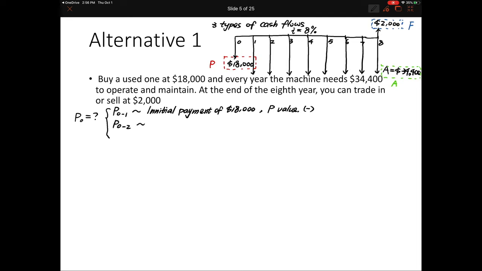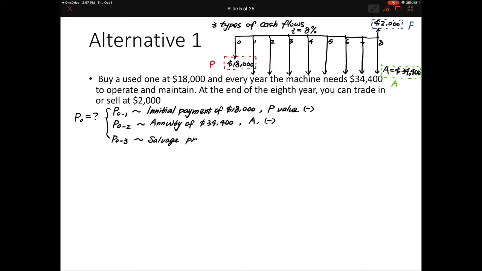And you have another part, you can label it as P02, which is from the annuity of 34,400. We said the type is annuity, and of course it's a cost, so it's negative. We have a third part of the present value, which is from a future value.